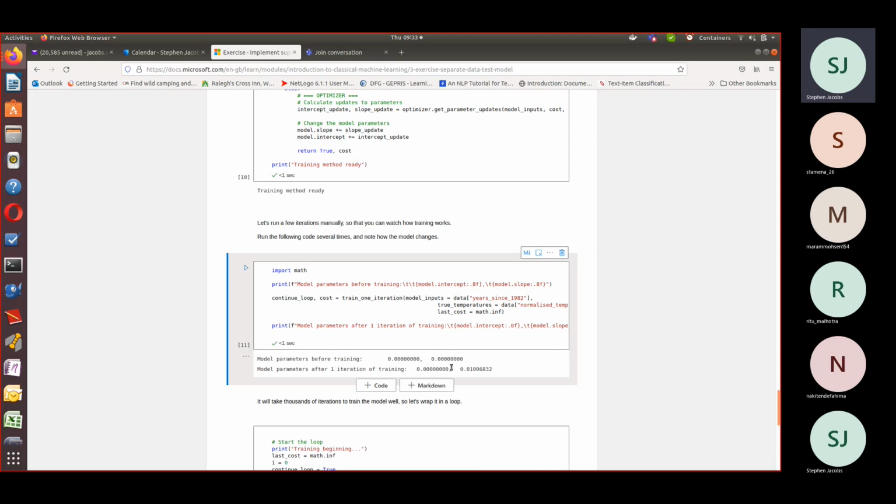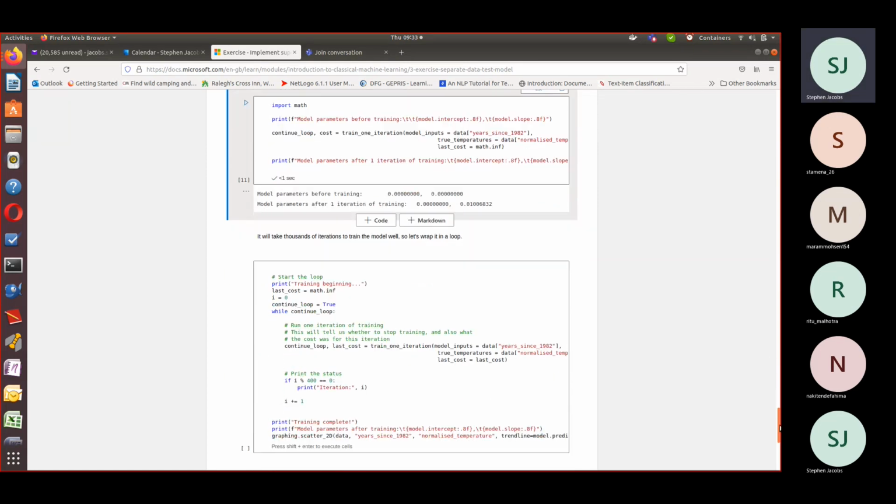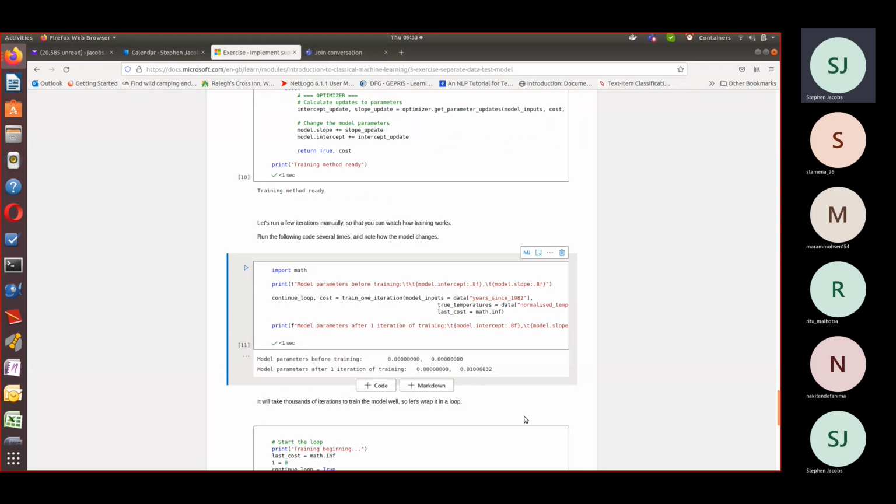Initial parameters are 0, obviously. And after the first iteration, we've just given the intercept a little bit of a nudge. That's what we've done. We now got 0.01. So, and then we can simply run this again. I know we played around with the code yesterday to make it print out. But as you can see, the code is now getting better because it's increasing now the slope.